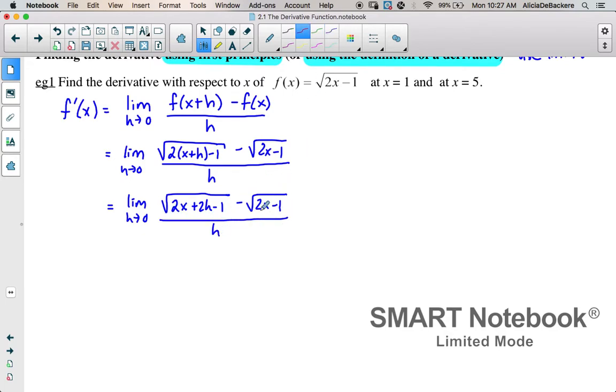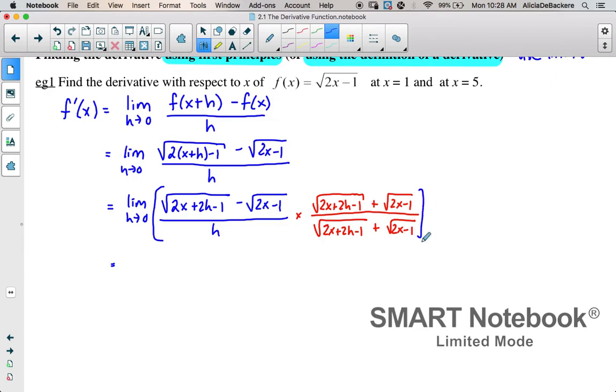So I'm going to use the strategy, because I have two roots in the numerator with an addition or subtraction, of multiplying by the conjugate.